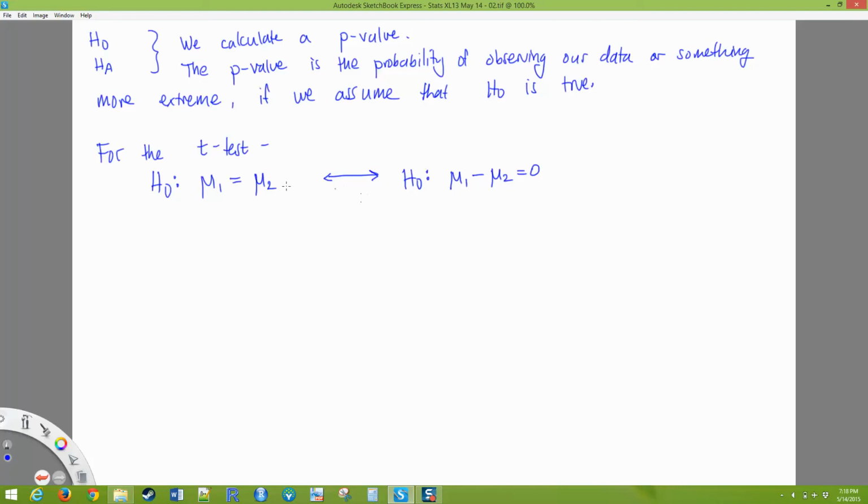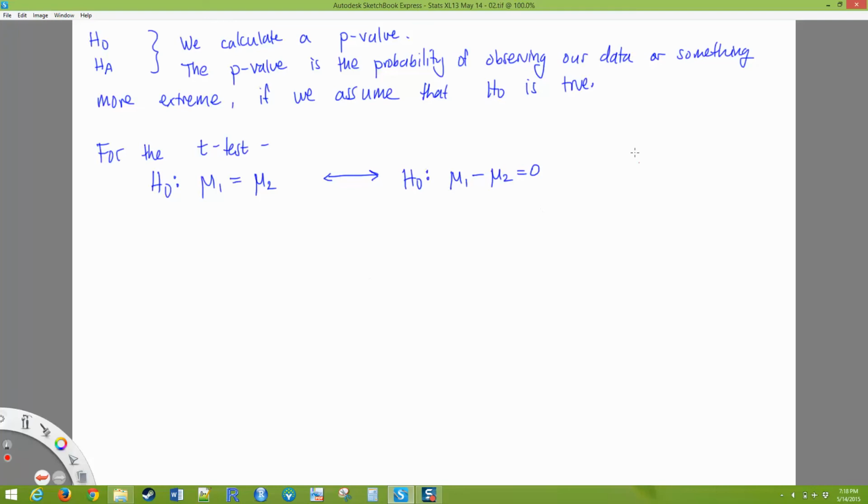I guess I should just point out, we never write that H0 or the null hypothesis is equal to 0. We always write the null hypothesis colon is this statement that mu1 minus mu2 equals 0, or that mu1 equals mu2, or something like that. So the null hypothesis itself is not a number. It is a statement about population parameters. And note that we're using mu in the hypotheses and not y bar or anything like that.